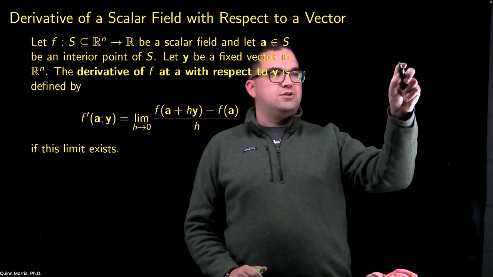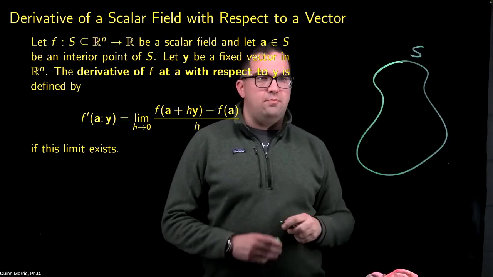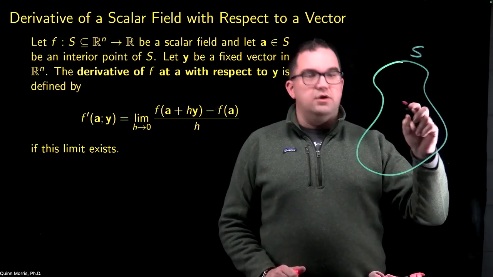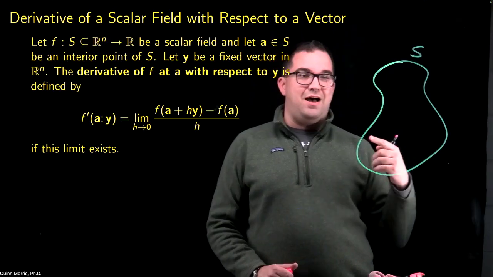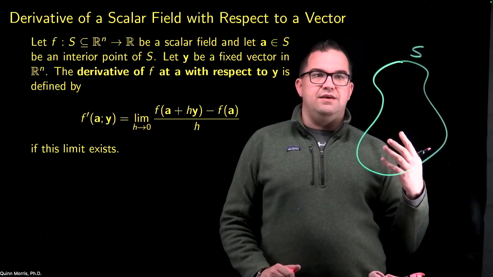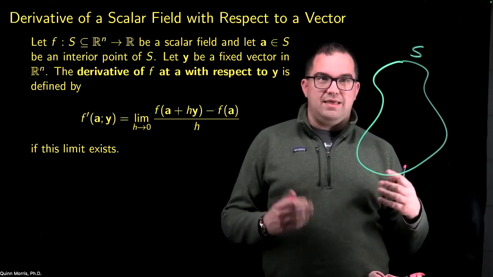So imagine I have over here some set S. This is the domain of my function. Some definitions will just define S to be an open set, in which case every point is an interior point. But we don't make that restriction.